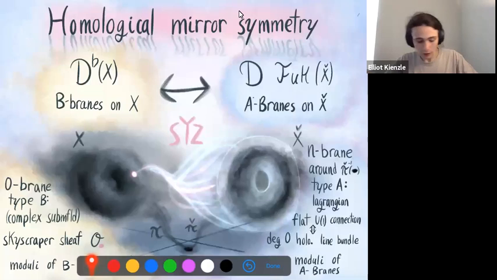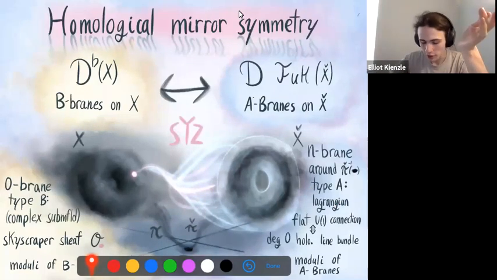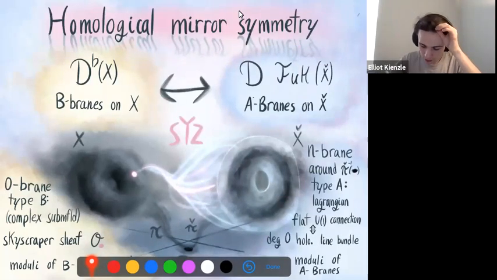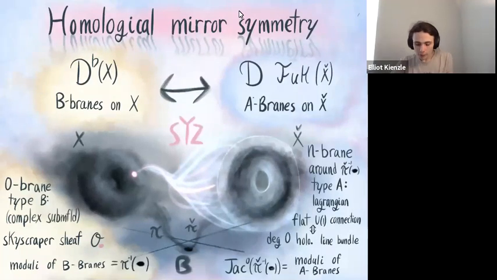What about the A-branes? Well, we can show that the dual A-brane to a point sends over by SYZ symmetry to a brane that wraps around a dual torus. What I mean by that is it's just a brane with support on the dual fiber, right? And luckily, because of our construction for SYZ symmetry, we know that this fiber is Lagrangian, so this is a brane. And in fact, when we impose the fact that it has to have a flat U(1) connection, that means the moduli space of such branes corresponds to the space of line bundles.